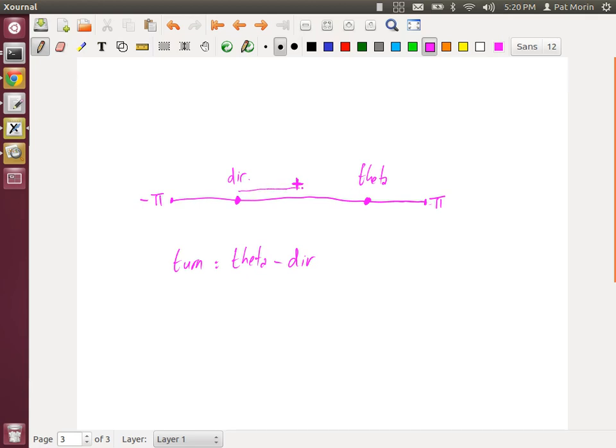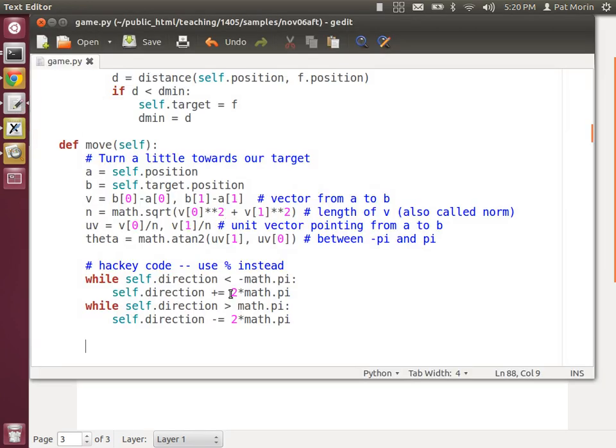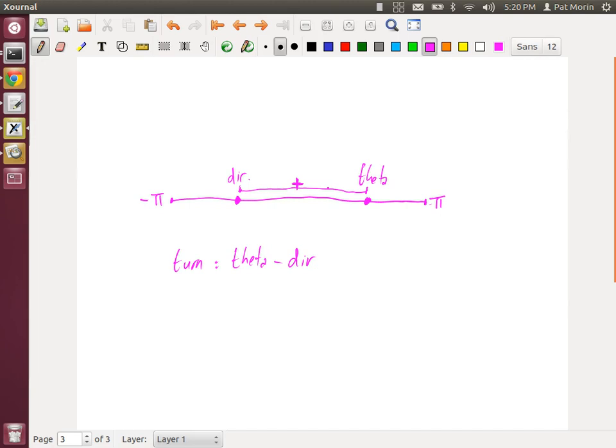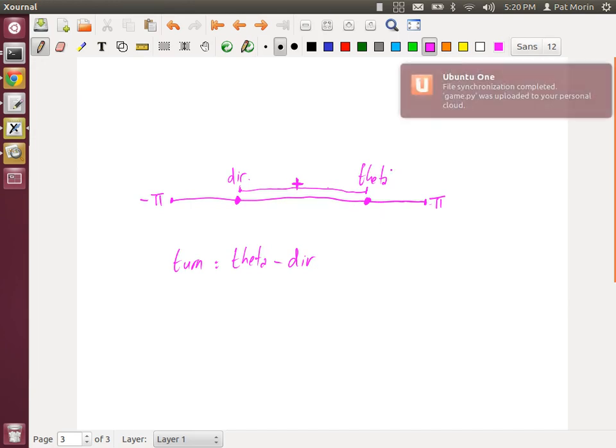If I take a turn of theta minus direction, then theta minus direction is a positive number, right? Because theta is bigger than direction. It's this positive number that represents this difference here. So let's say turn is equal to theta minus direction.